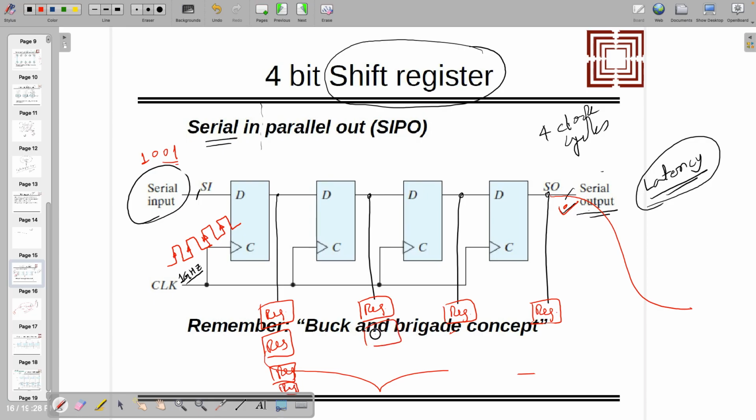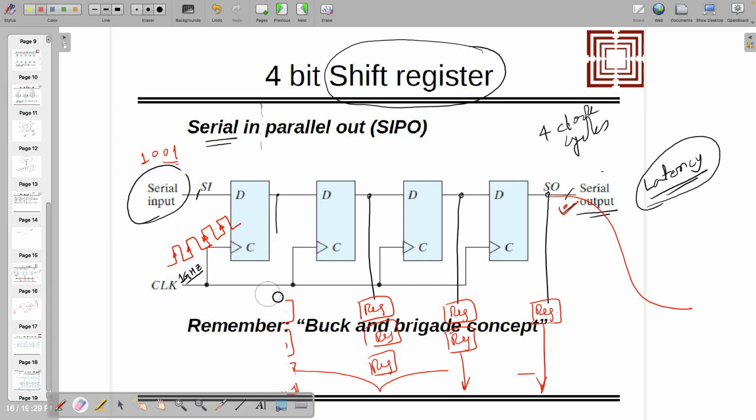Four are required. The last one is also needed, right? If you are taking one more clock, then 4 are required here. If you don't want this one, then also fine. If you don't keep a register in the last one, then also fine. Anyway is fine.